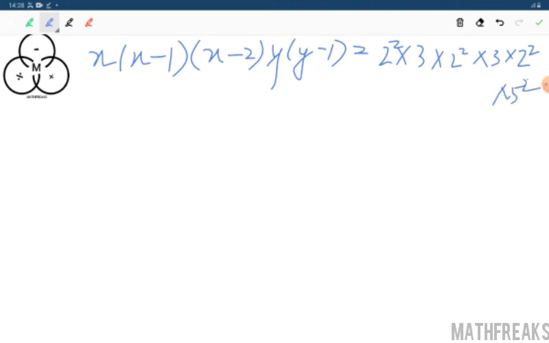Now we need to find 3 consecutive numbers and 2 consecutive numbers from there.